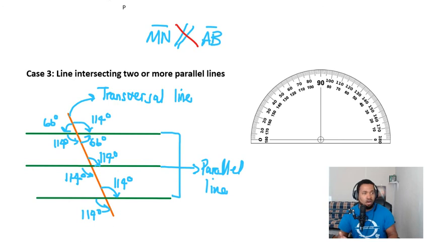And what other angles are missing? Oh, we have this one right here. If this is 66 degrees, this top here will be also 66 degrees, and this angle here is also 66 degrees. And how about this one here? We know that this is 66 degrees, which means this one at the bottom will be also 66 degrees, and this one right here will be 66 degrees.